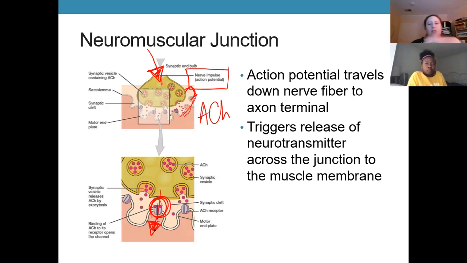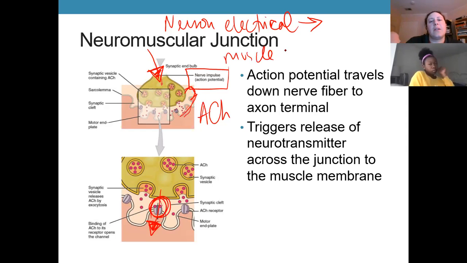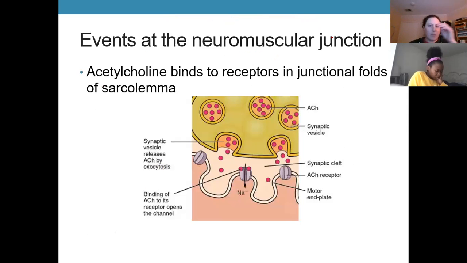And that's going to cause electrical activity of the muscle cell, okay? So what happens at the neuromuscular junction is that the neuron electrical activity causes muscle electrical activity. That's the really broken down summary of what happens.